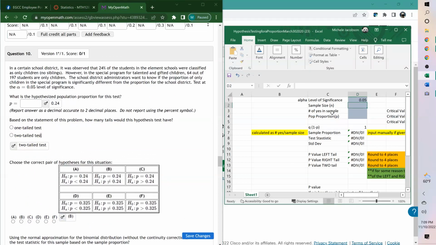The sample size was 197. The number of yeses was 64. And the population proportion is the 0.24. The test statistic is right here, 2.789.